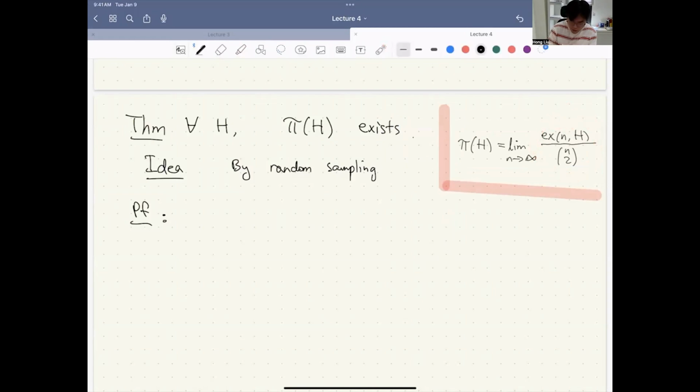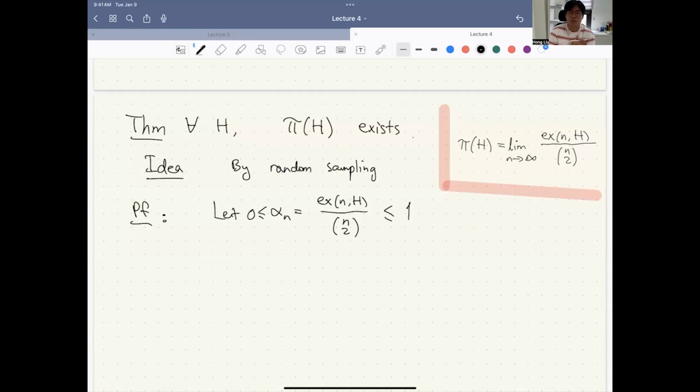Let's define alpha n to be this extremal number normalized by n choose 2, which is obviously at most 1. Edge density is obviously at most 1, and it's also at least 0.